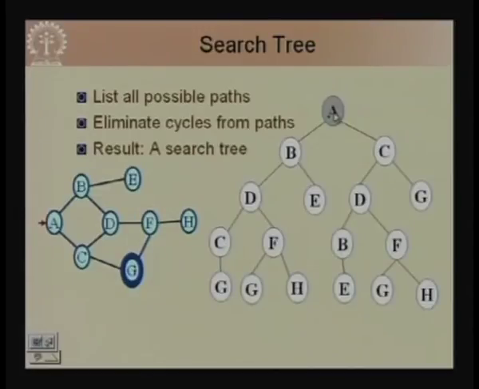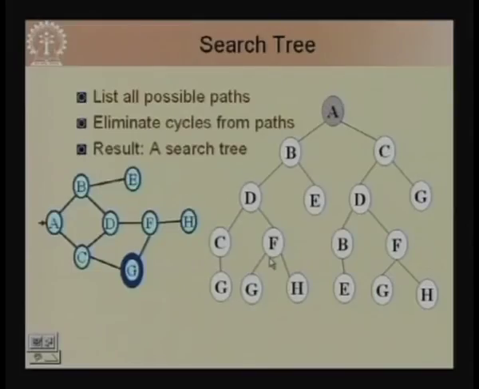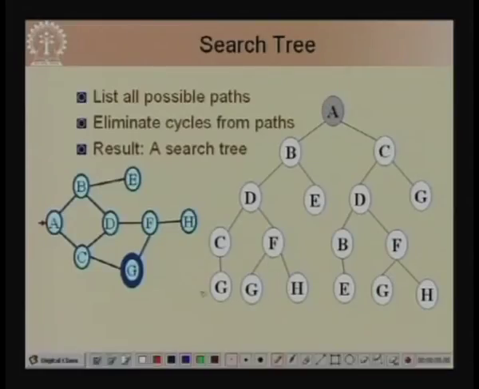So, we start from A. From A, one can go to B or C. From B, one can go to D or E. From D, one can go to C or F. From C, one can go to G. From F, one can go to G or H. But from G, one can go to C or F, etc.